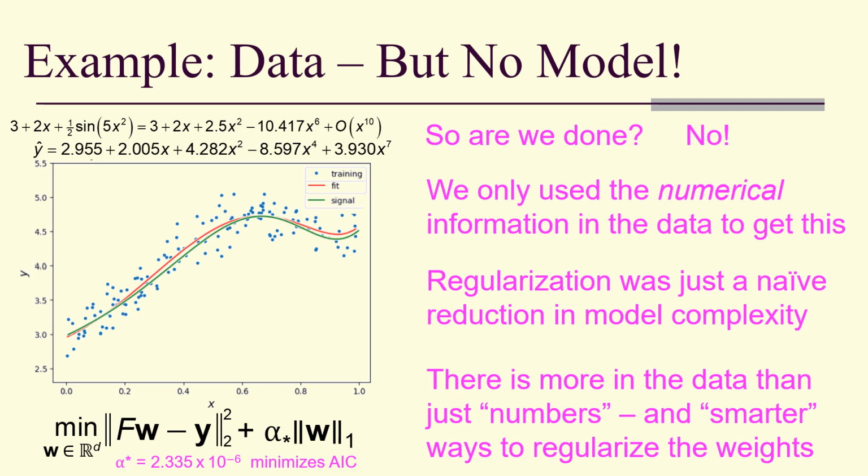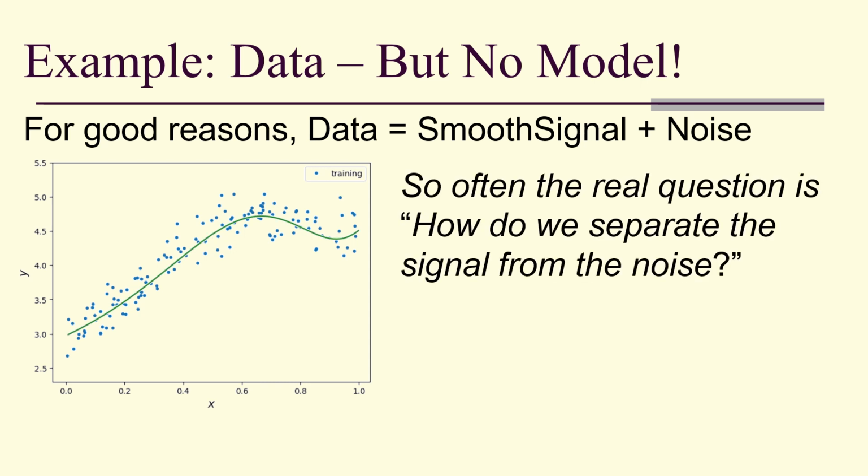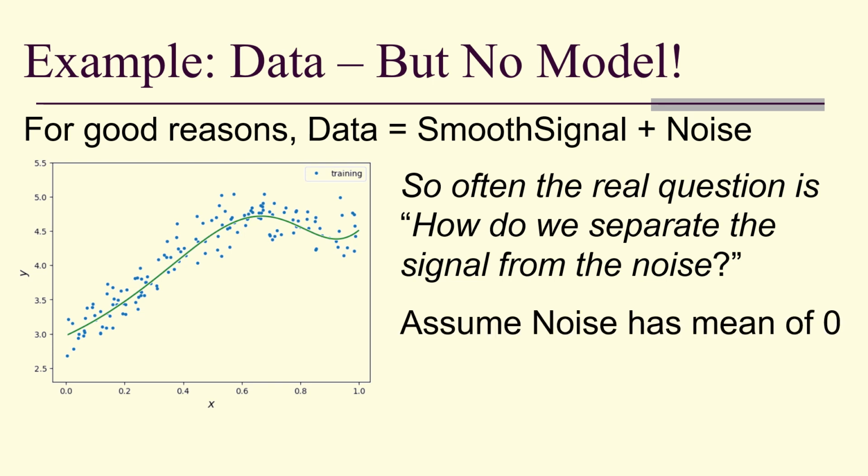So let me give you a trivial example. This data we assumed was a smooth signal plus noise, and we want to separate the signal from the noise. We'll assume that the noise has a mean of 0, so if you add up all the deviations from the curve, you get 0. It's a pretty defensible assumption in almost every application.